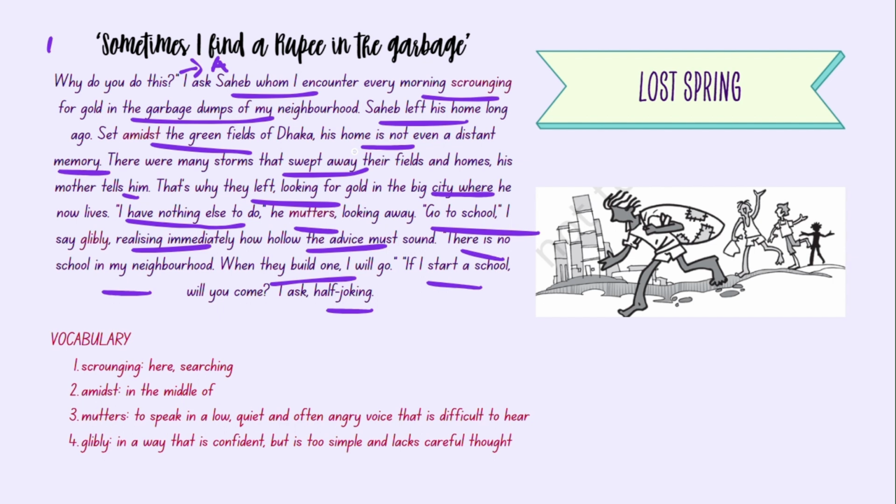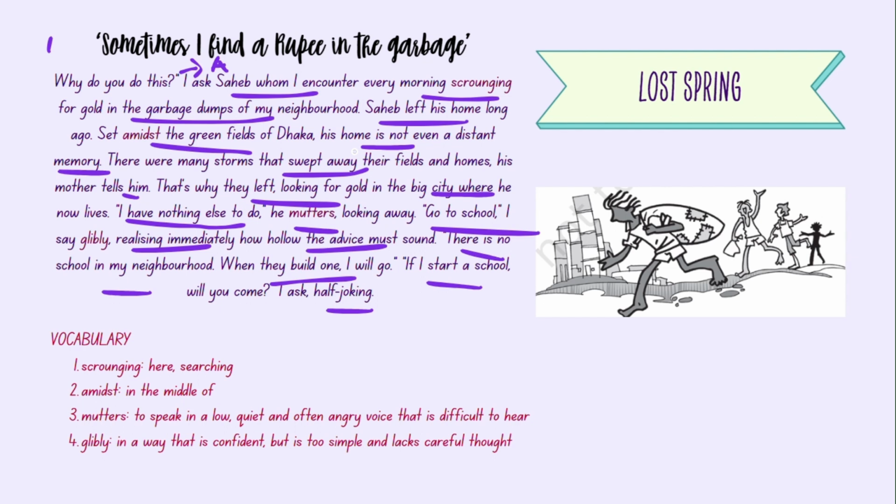Children who have been forced by poverty, by the circumstances, to look for valuable items in the garbage. How can one expect them to go to school? So now Sahib responds to her that there is no school, and if they build one for them, he will definitely go. He wants to go to school, but there isn't an opportunity for him.